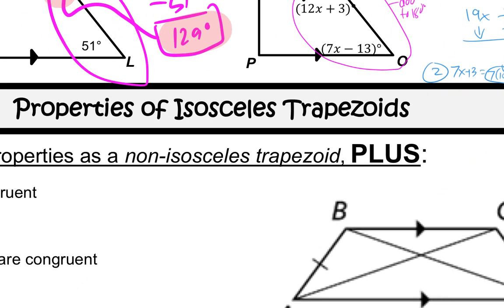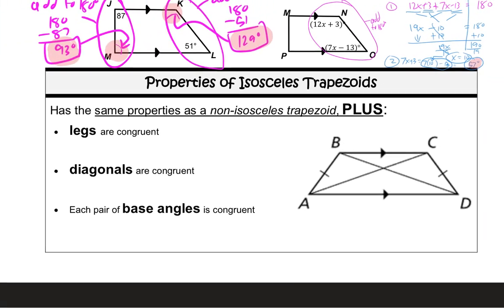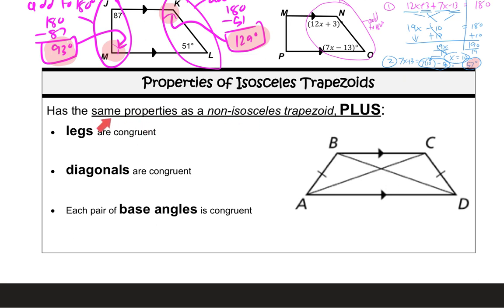Properties of isosceles trapezoids. Isosceles has all the same properties as non-isosceles, plus, here's the key, the legs are congruent. That's what isosceles means: the legs are congruent.